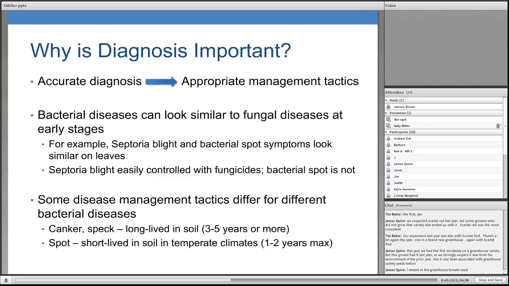Whereas spot is not only short-lived in soil debris, it also doesn't survive on seeds as long as canker can. In temperate climates, we found in general that the Xanthomonas is really dead by the spring following the year of the outbreak.